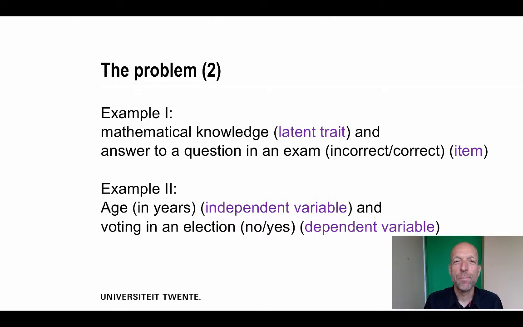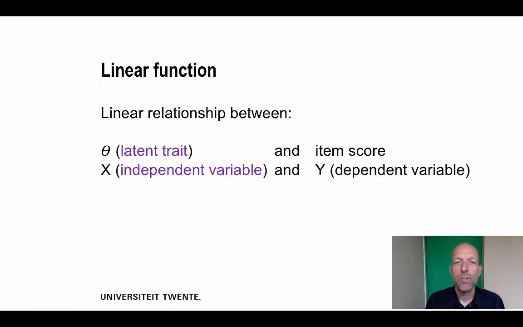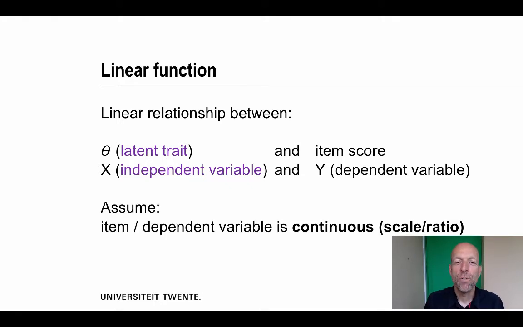dichotomous outcome variable. Now, normally we want to estimate linear functions. So we want to estimate a linear relationship between the latent trait and the item score, or between the independent variable and the dependent variable. Most of the time, the item and the dependent variable are ratio variables.